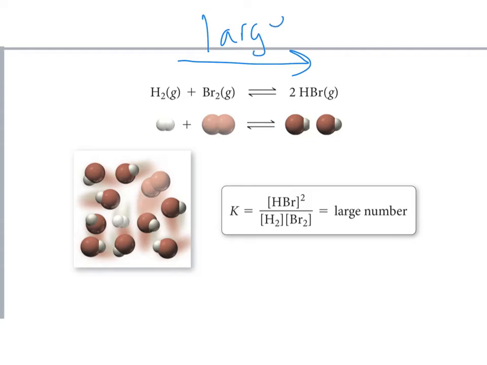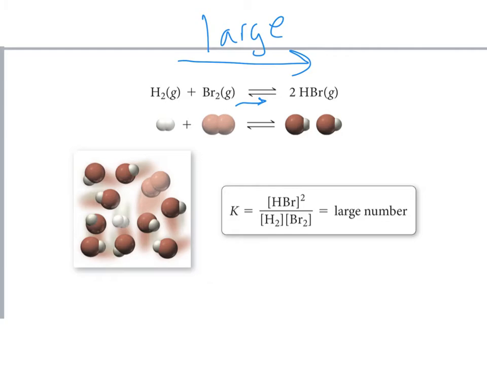When it's large, it goes in that direction. When it's small, it doesn't go very far in that direction, right? When it's small, it's a very short movement into the products.